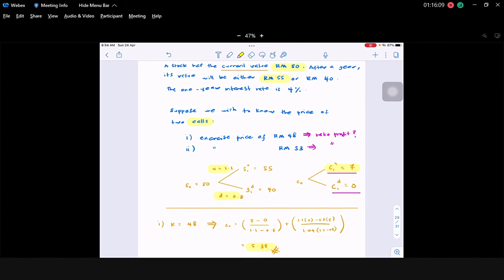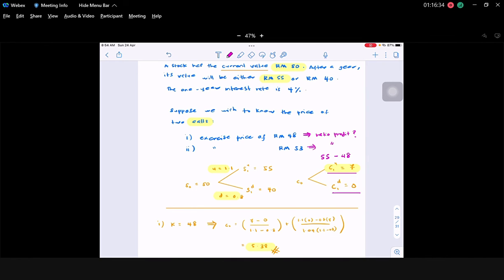Then, of course, kita calculate payoff. Okay, so RM55 dekat sini, 55 minus dengan, okay, so ST minus dengan K, 48.